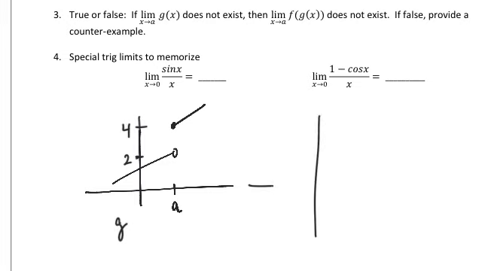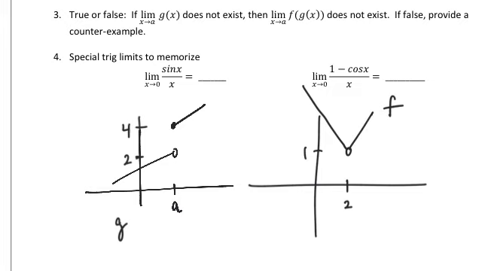Then I can make an f function where the limit of f of x as x approaches 2 is equal to 1. Then the limit as x approaches 4, I could also make that equal to 1.